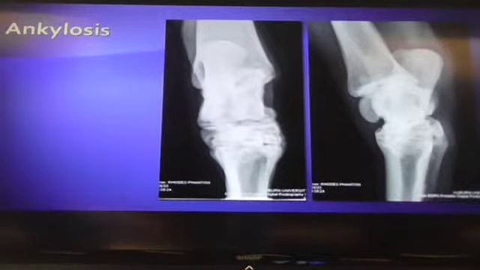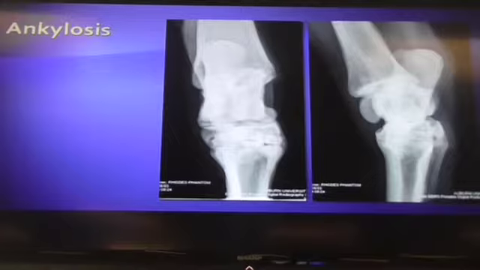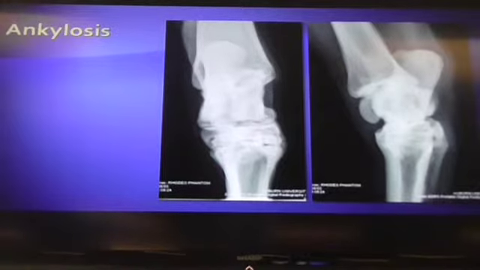So if they've completely fused and all the cartilage is gone and they just turn into one big block of bone, they can become pain-free by themselves if they've successfully done this all the way. Now, that doesn't happen all the time. In fact, it probably happens in a minority of cases. What often happens is that the horse is trying to do this, but he just never successfully gets to it, so he's kind of a mess.